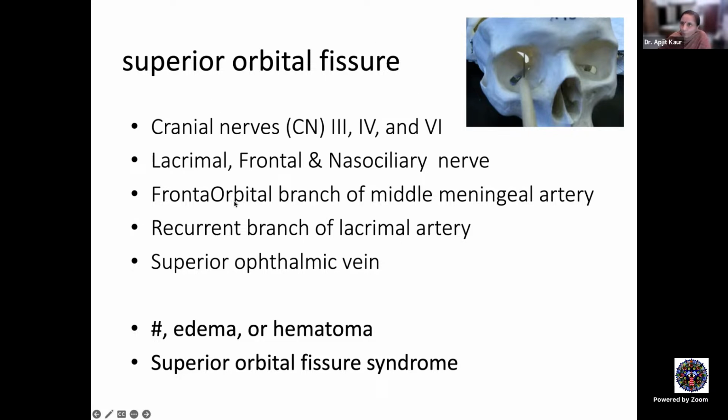Why is it so important? Because any fracture, edema, or hematoma, which acts like a space-occupying lesion, is capable of affecting any or all of these. And when all of these are affected, what results is called the superior orbital fissure syndrome.